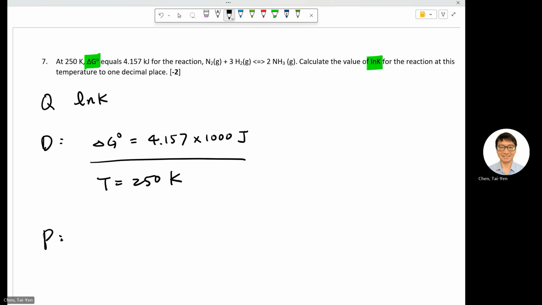I hope by now you've memorized how K and delta G naught are correlated, right?